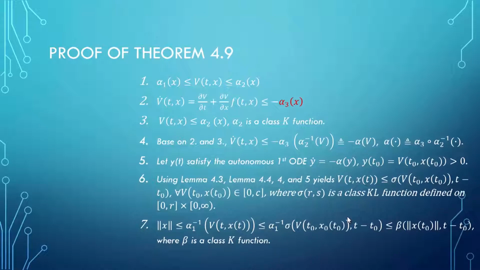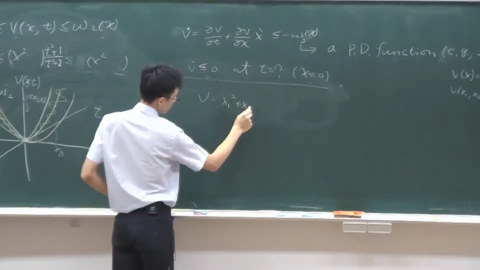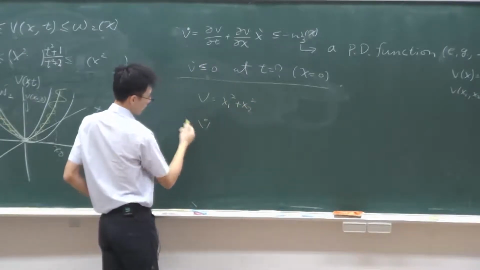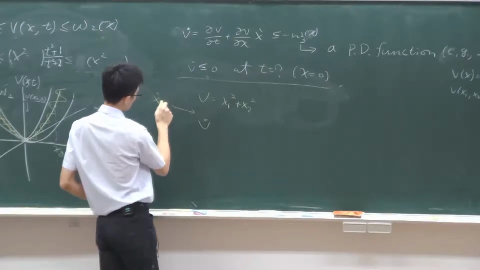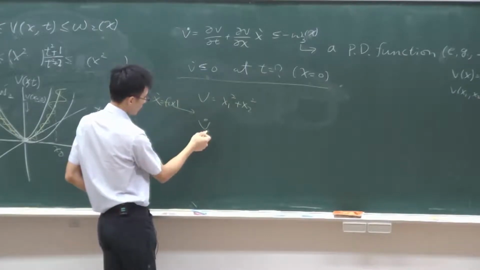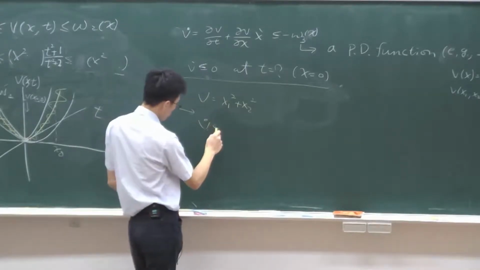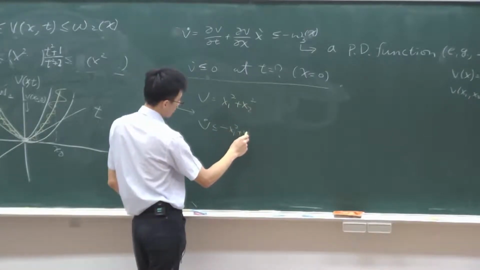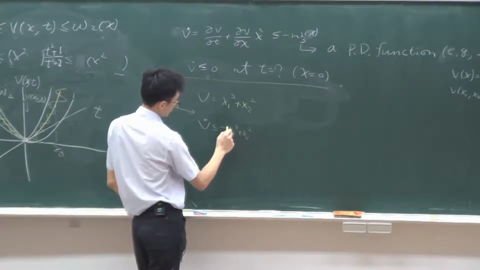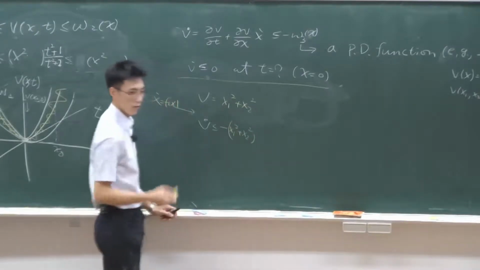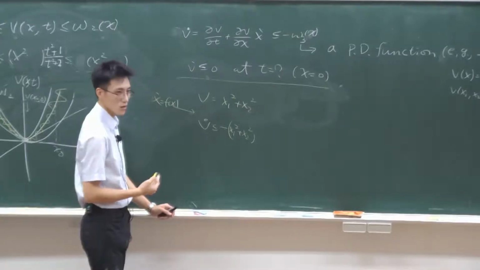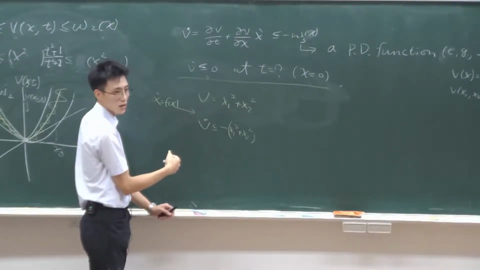For example, if you find some nearby function defined as this, and after you substitute the dynamics to find V dot, you show that V dot is negative. If you find this, can you solve for V? Yes, you can.